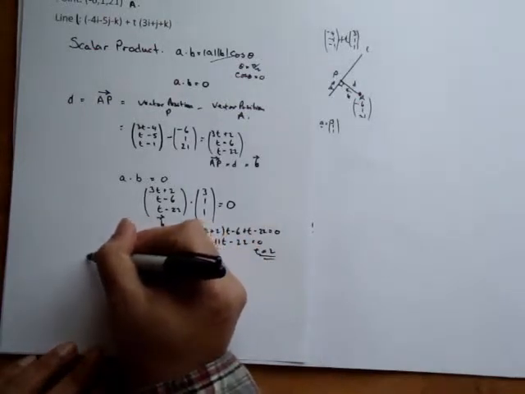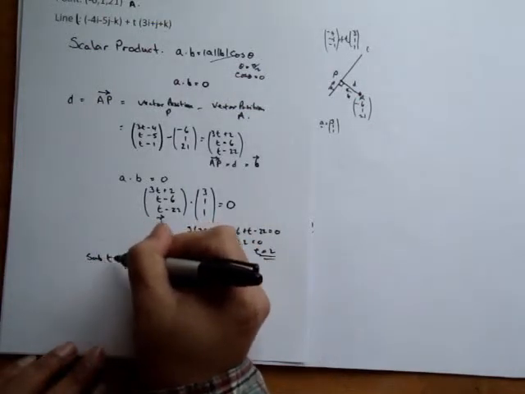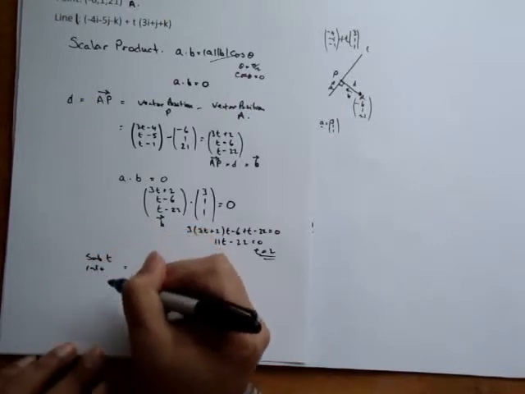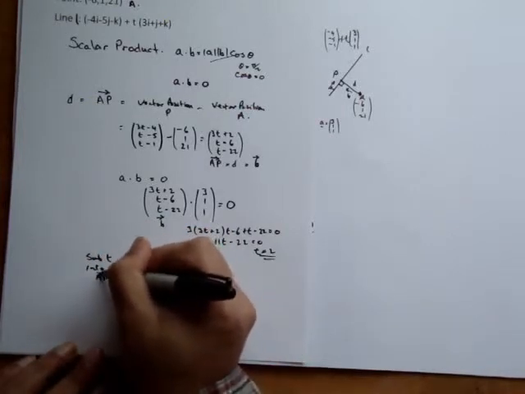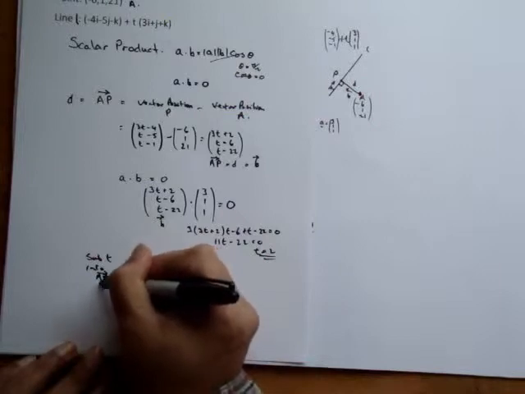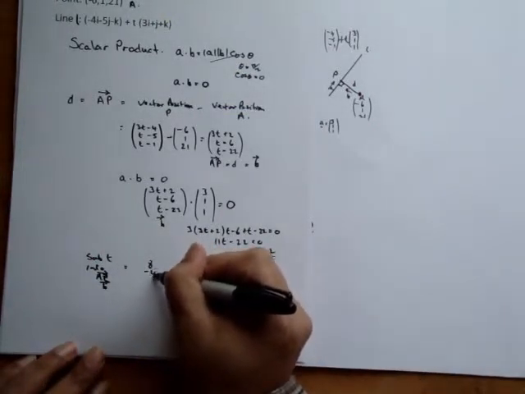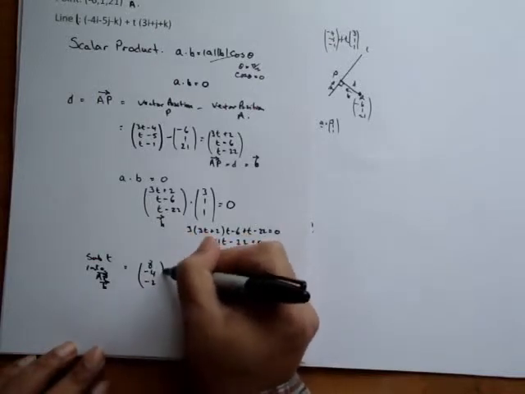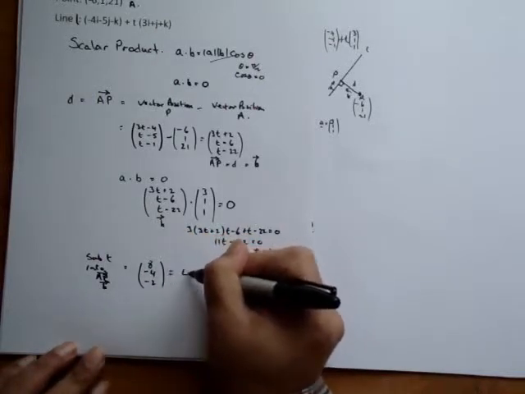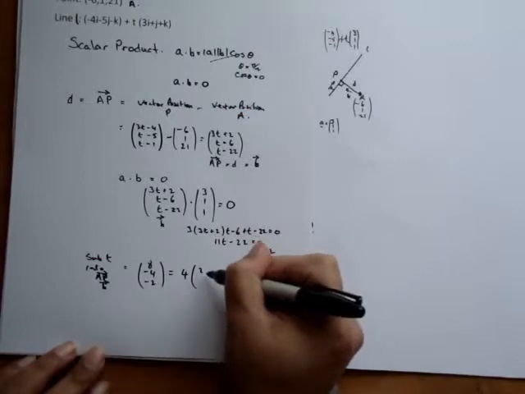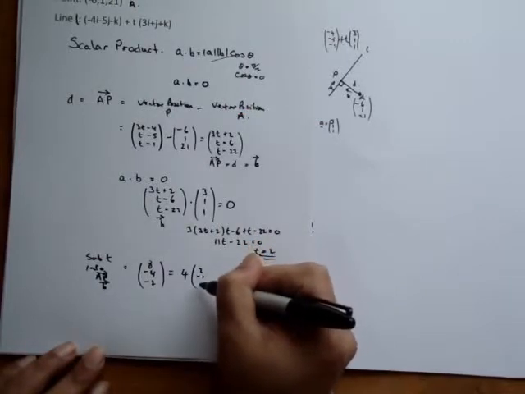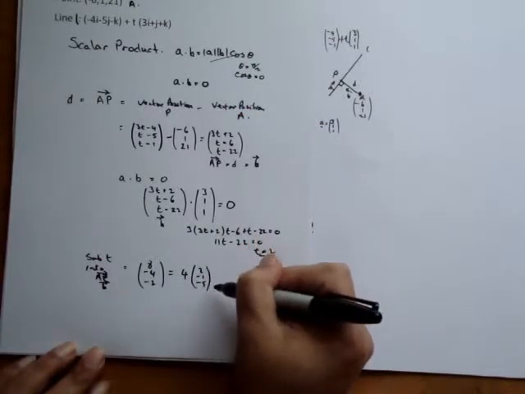So we're going to sub t into AP or B, and we got 8 minus 4 minus 2, and if we take 4 on the outside we're left with 2 minus 1 minus 5.